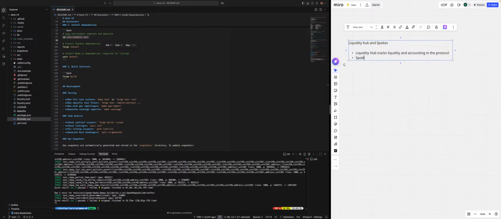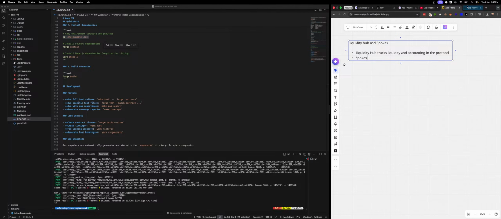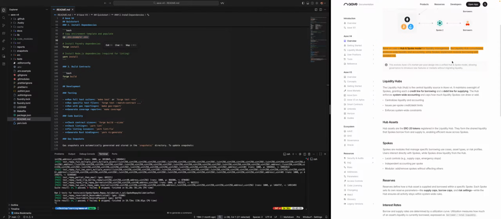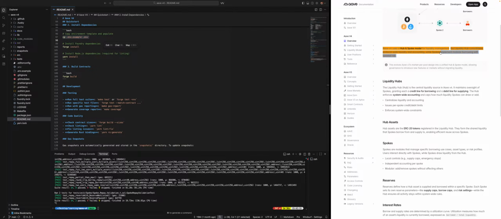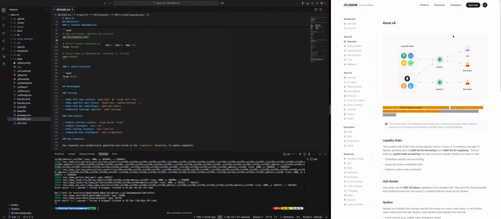The spokes implement modular borrowing with isolated risk.